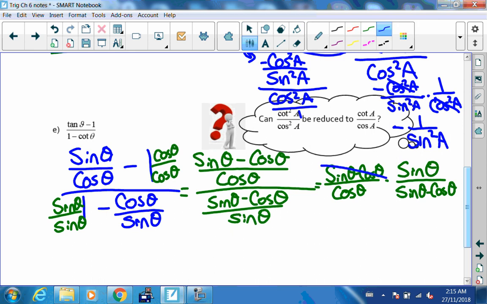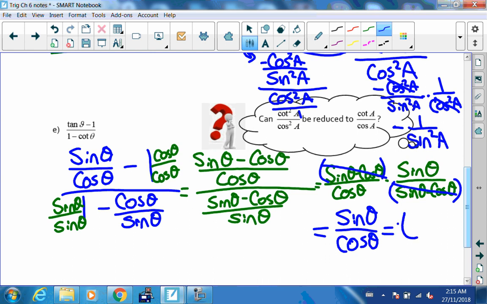Then that term and this term cancel. Sorry, it's not a term, it's a factor, right? Which is good because you can't cancel terms, but you can cancel factors if everything's factored. So those factors cancel, and then I end up with sine theta divided by cosine theta. And that's my answer, because that, my friends, is tan theta.